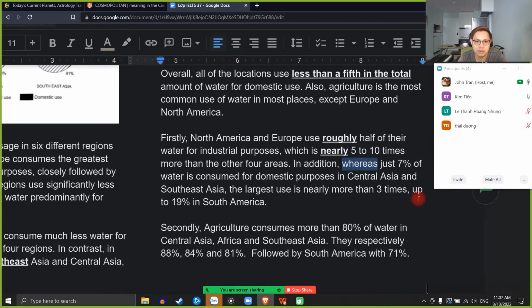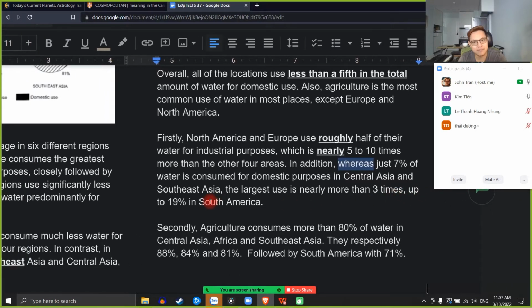7 and 19. Remember, 7 times 3 is 21. It's more than 19. So this one is not more than 3 times. It's less than 3 times. Trời ơi, toán em... ai dạy em toán gì trời đất ơi?